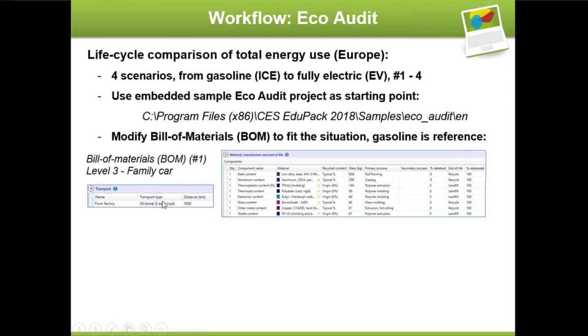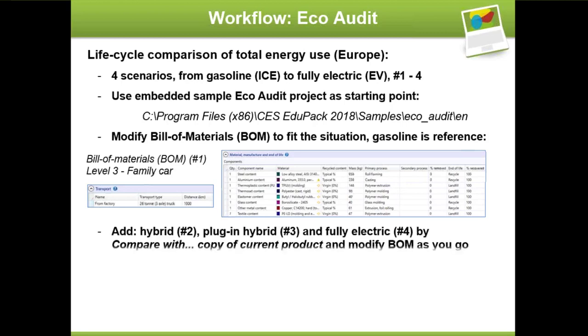And in this case, we will look at a case of an electric car or a hybrid car produced and delivered in Europe. So we'll put the country of use to Europe. And just as an example here, we have put in a transport of 1,000 kilometers from the factory out to the different retailers.